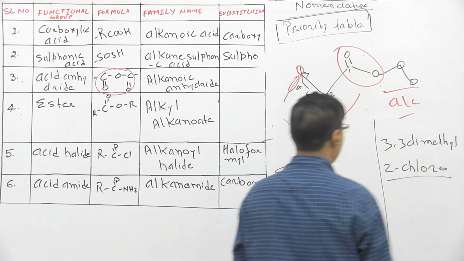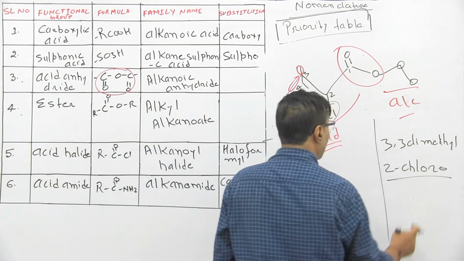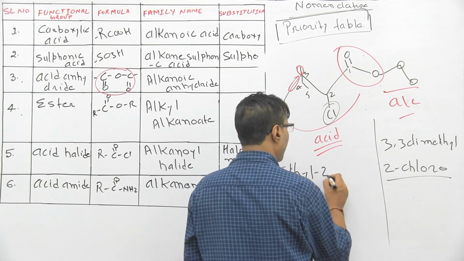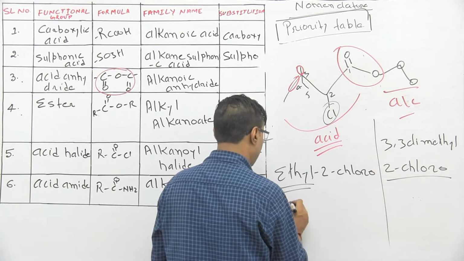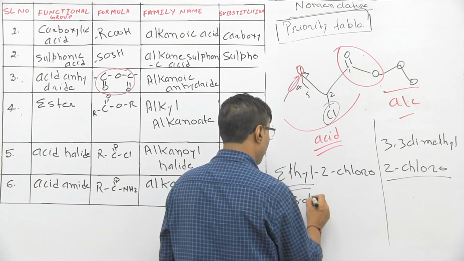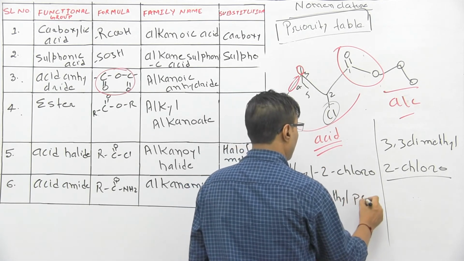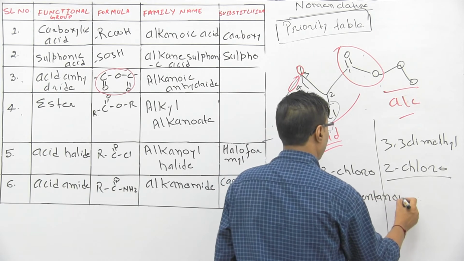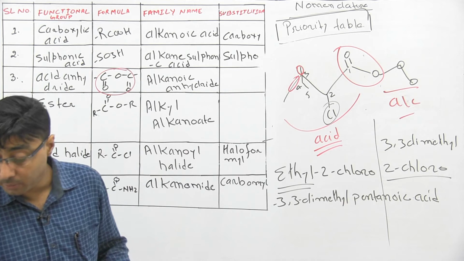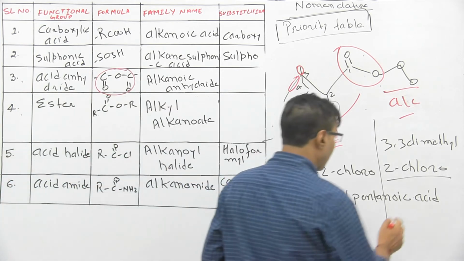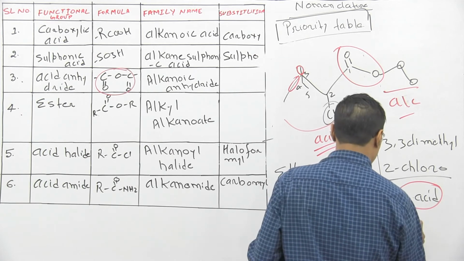Now combine them together in alphabetical order. So it will be 2-chloro, 3,3-dimethyl, pentanoic acid. And from this pentanoic acid, what we need to do? We have to remove this oic acid and we have to add ATE.